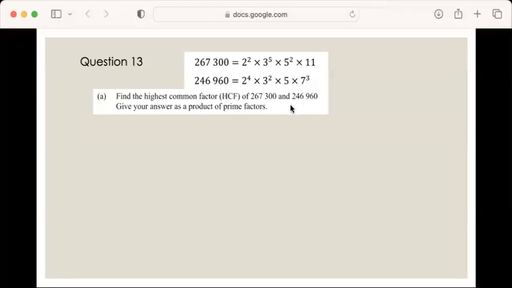Okay, I believe you have got the correct answers for this one. Right, okay. So what is the highest common factor? For that you need the lowest factors. So the lowest of 2 is 2 squared, and lowest of 3 is 3 squared.